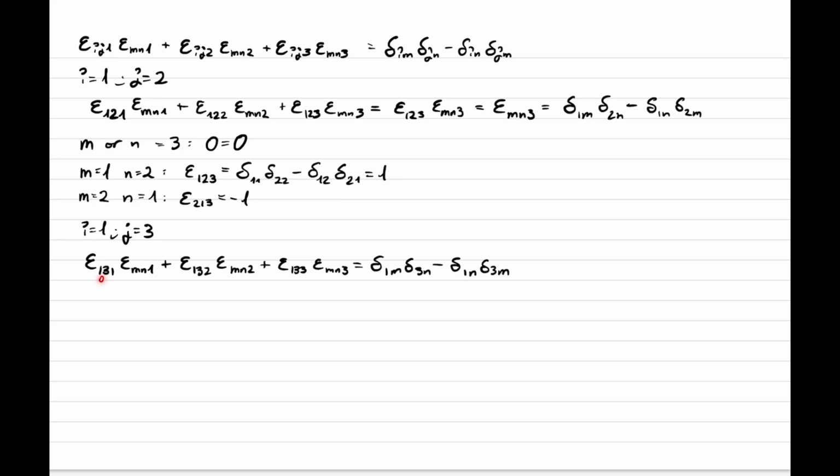We can see that we have repeated indices here, so this term is going to vanish, and also here we have 2 repeated indices, so this is going to vanish.